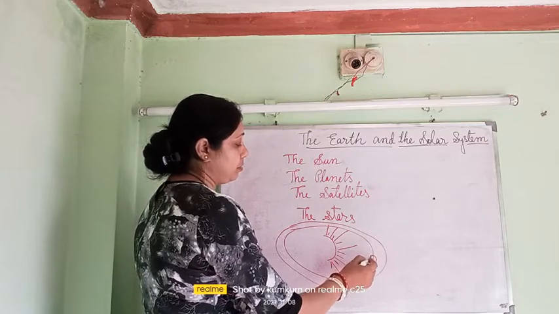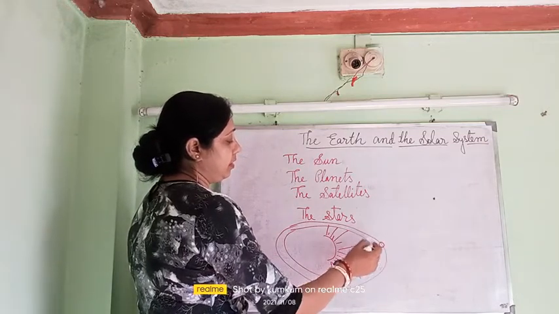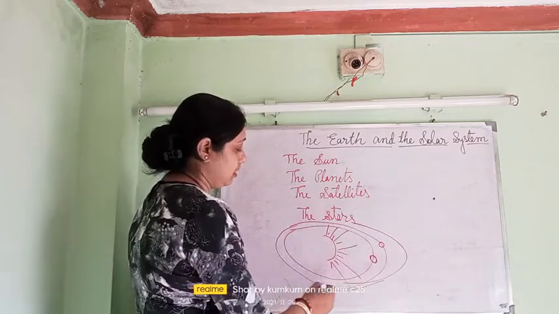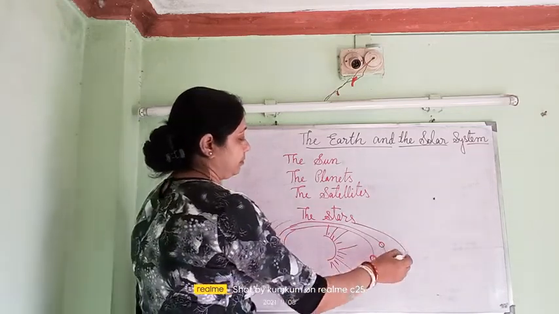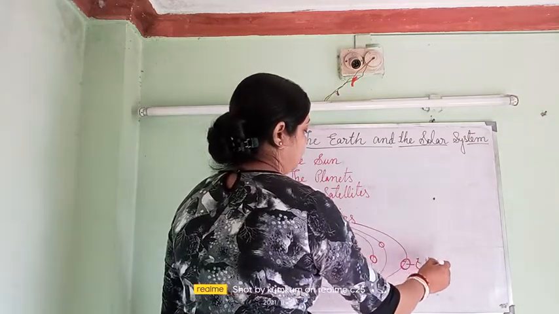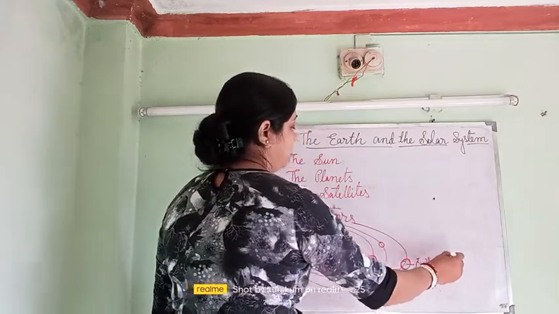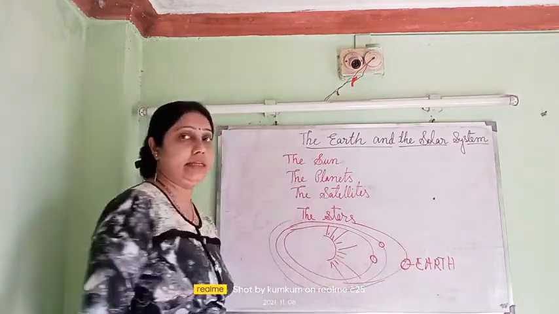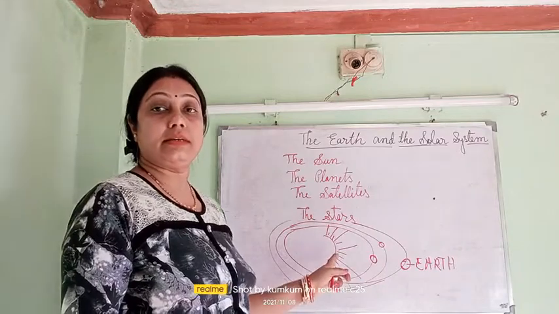So here suppose Mercury is there, then Venus, and Earth is the third planet. This is Earth. Earth is the third planet if I am going serially away from the sun.